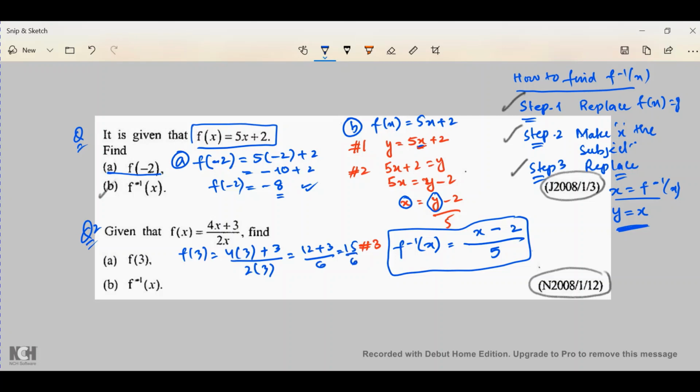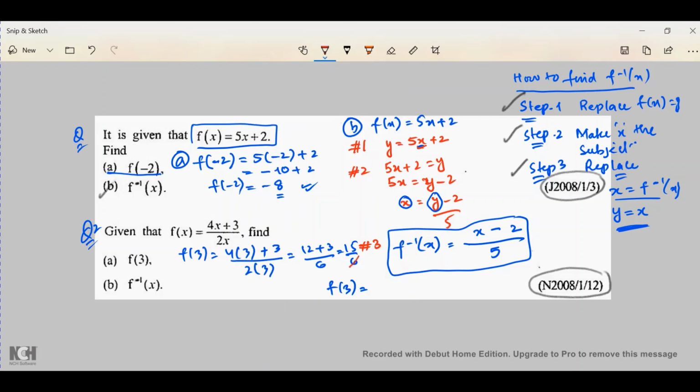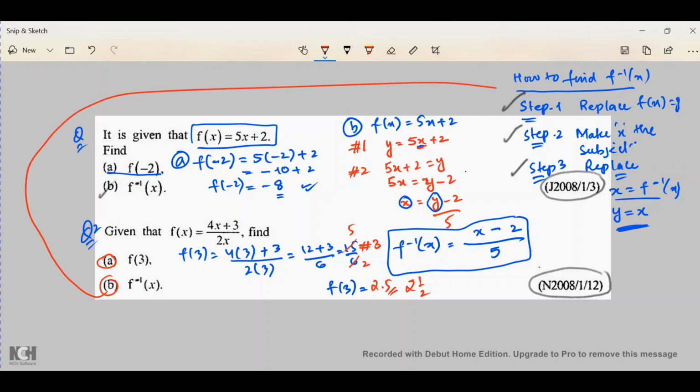You can cancel 3 from both, giving 5 upon 2, or 2.5. You can write the answer as 2 whole 1 upon 2. We've done part A.